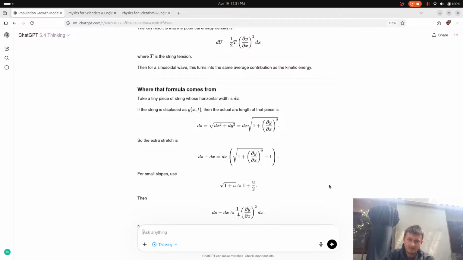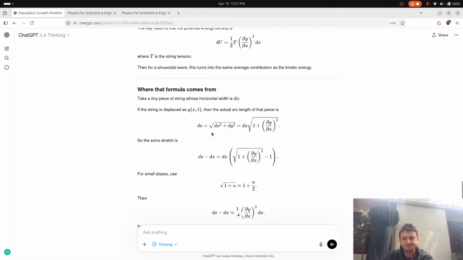So first off, oh yeah, I hated this, dude. So the norm of the function, the norm of the gradient, right?